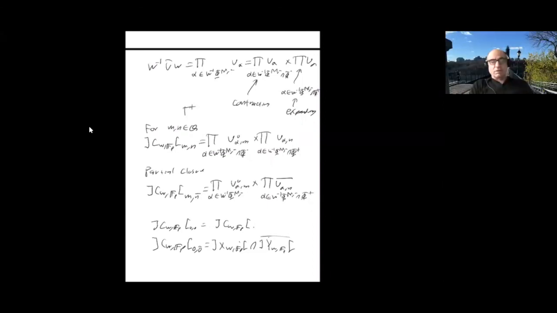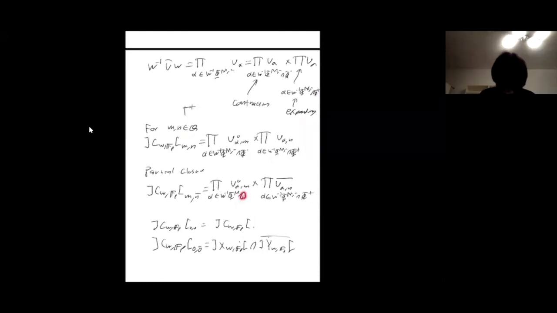I left out a symbol in the subscript. There's an intersection with a phi minus that's missing under the partial closure. Yeah, sorry, you're right. I've just been writing the same thing over and over again.